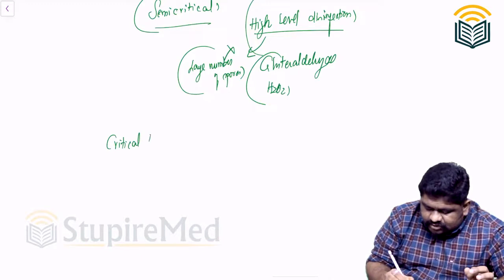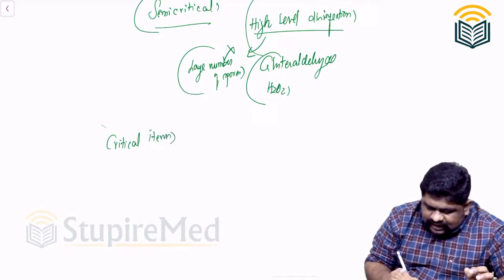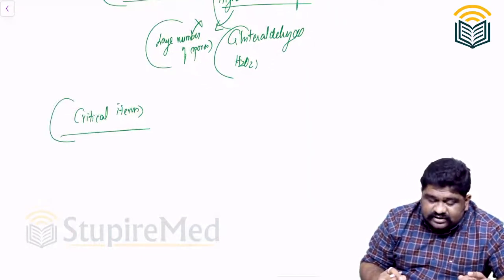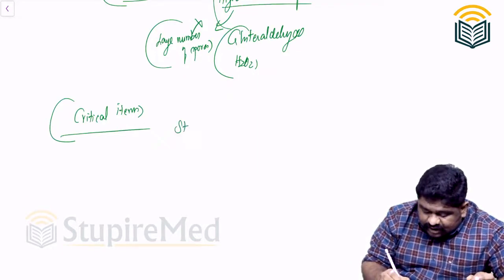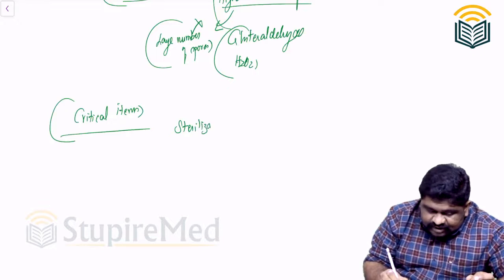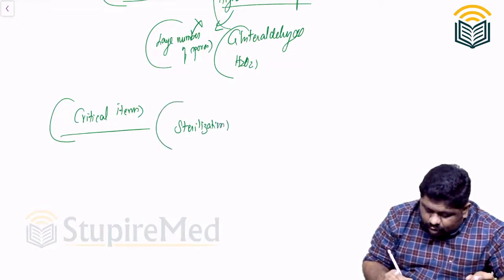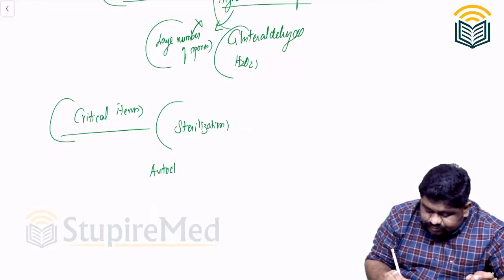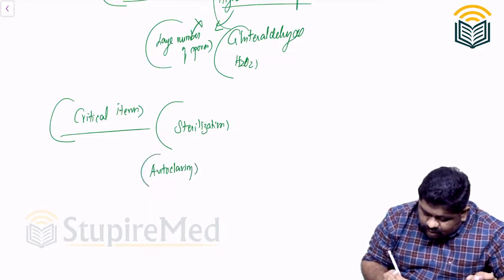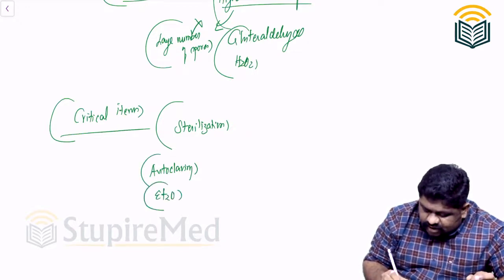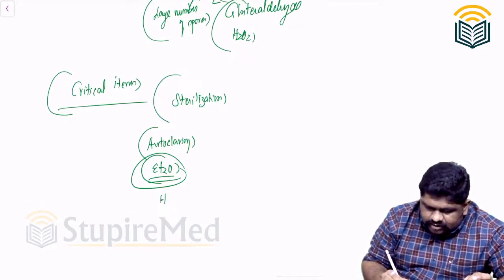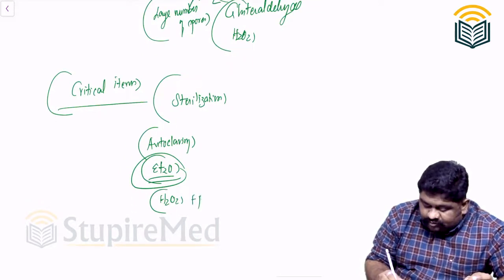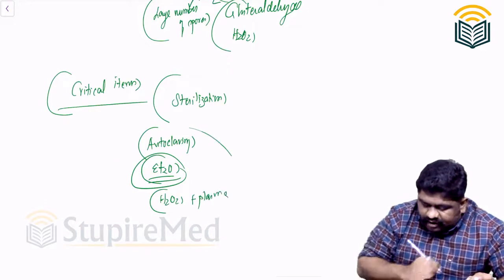Those critical items which deal with your blood vessels and can enter into your tissues, which can increase the risk of systemic infection, require high-level disinfection as minimum and sterilization as maximum. Sterilization may require autoclaving methods. They may require ethylene oxide. Remember, ethylene oxide comes under sterilization. Do not miss out on this. And you can go for hydrogen peroxide gas plus plasma. These can be used for critical items.